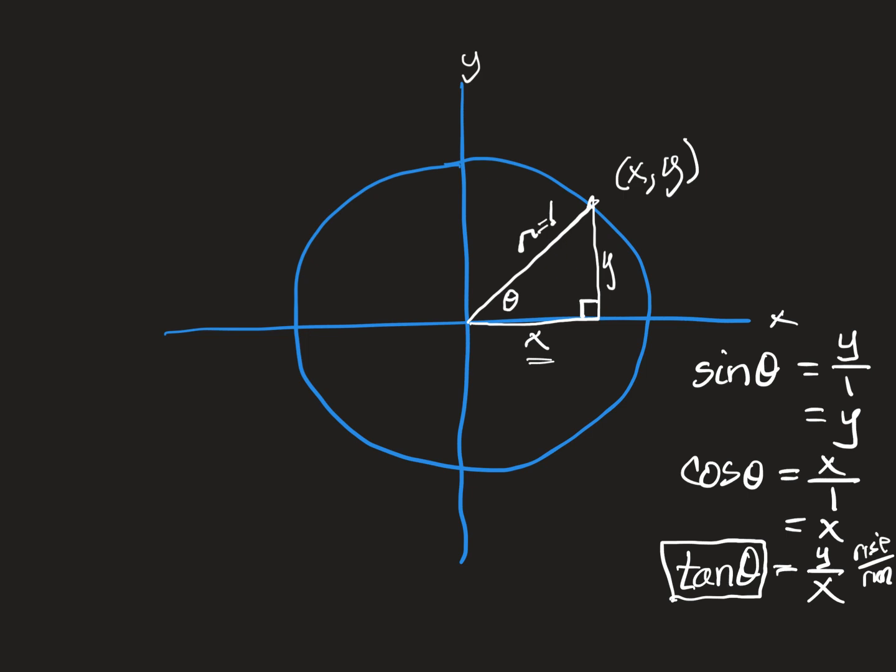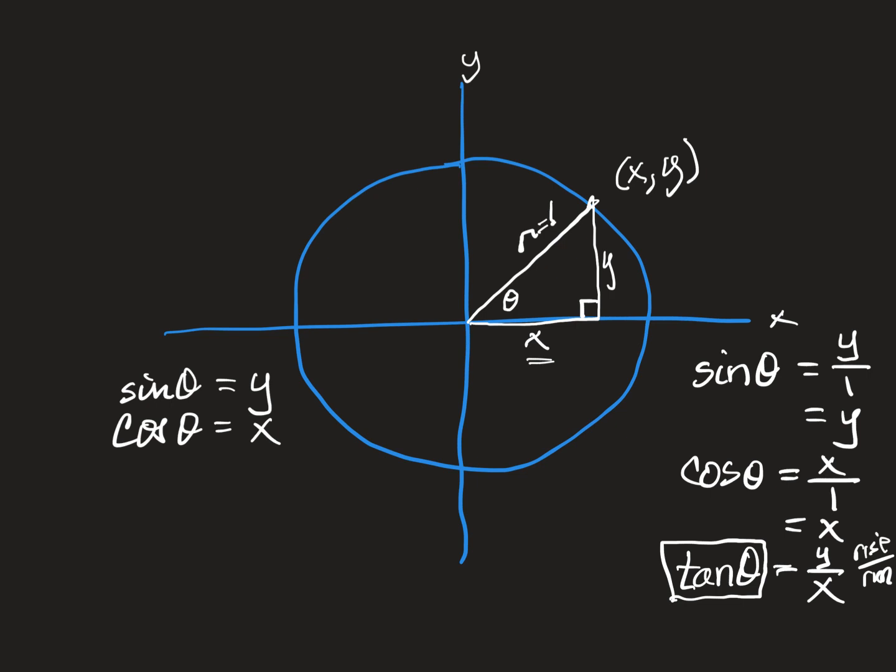So this creates a very interesting situation for us. This tells us that the sine of an angle centered at the origin is always associated with the coordinate on the circle that is y. The cosine of the angle is always associated with the coordinate x.